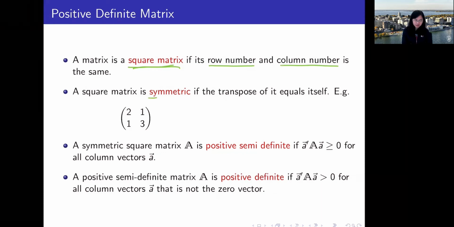A square matrix is symmetric if the transpose of the matrix equals itself. So that's quite self-explaining. This is an example of a symmetric matrix.